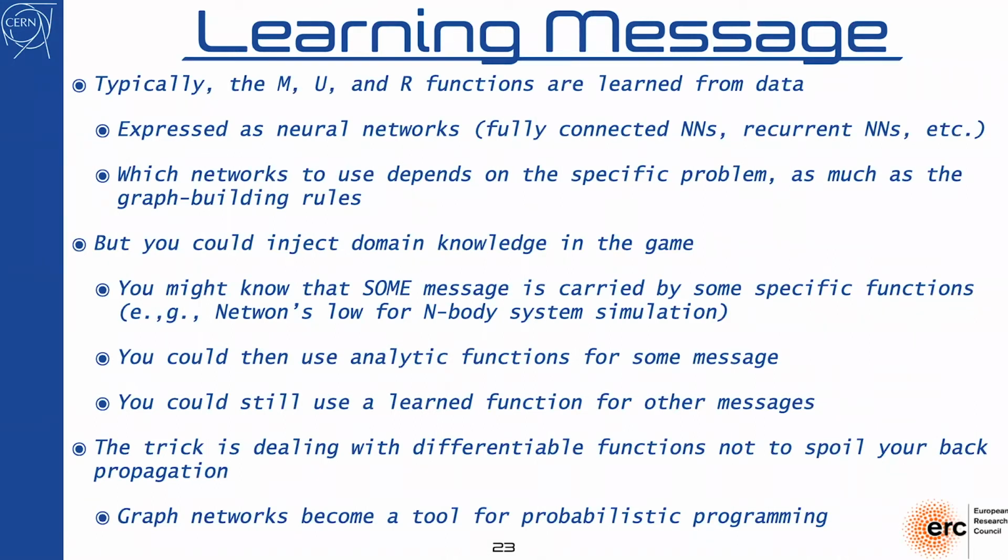But again, if you have some knowledge of your problem such that a certain kind of function should be sitting there, you just put that function, you don't put a neural network. So in this way, people call it probabilistic programming, because it's a nice way to encode in one flow of operations previous knowledge of the problem with things that you can learn.